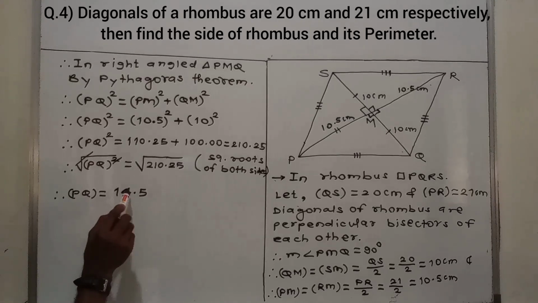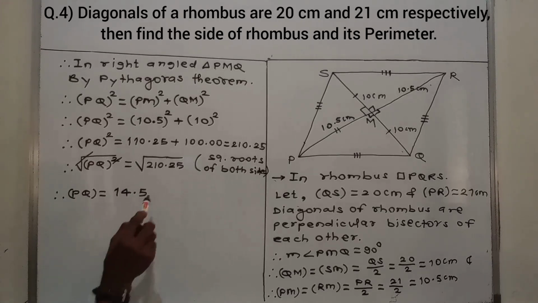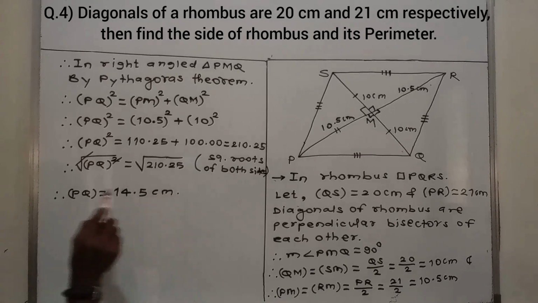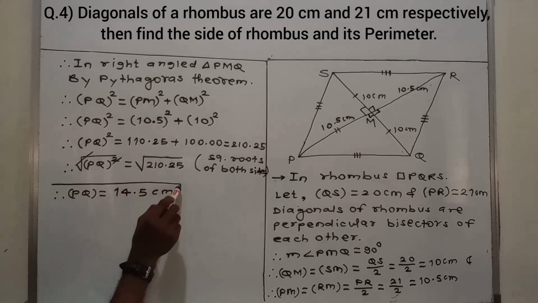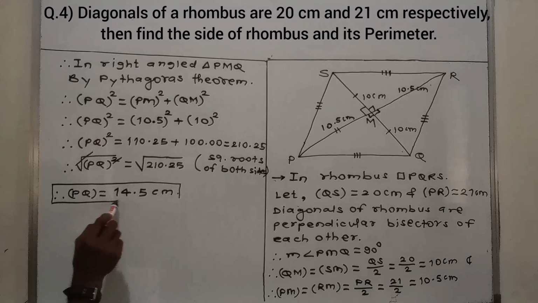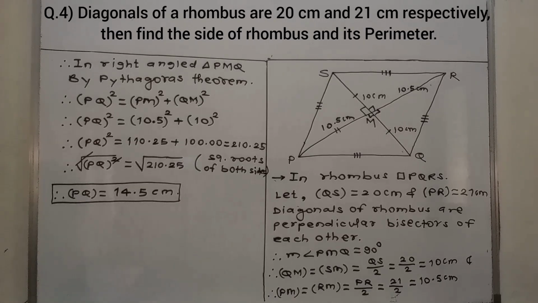What is 14 point, now here 5, this is in centimeter. Now therefore length of each side of rhombus is 14.5 centimeter, because all sides of rhombus are congruent.